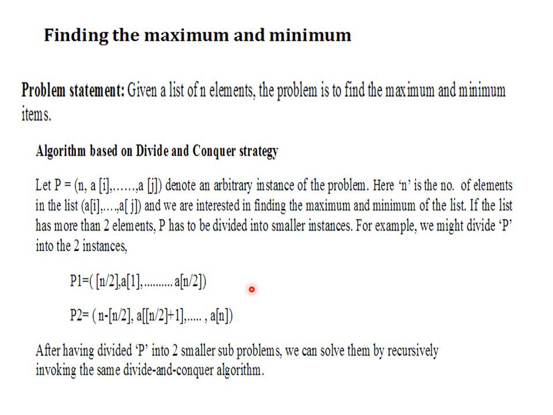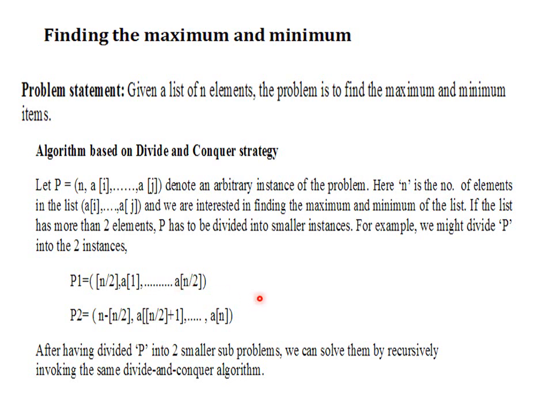Now find the maximum and minimum value from the first sublist. Similarly, find the maximum and minimum value from the second sublist. Now we have two minimum values and two maximum values, right?